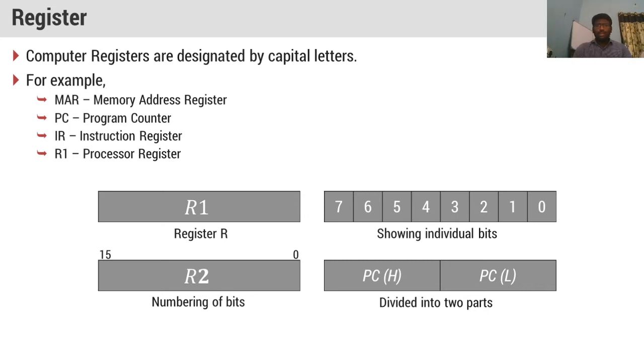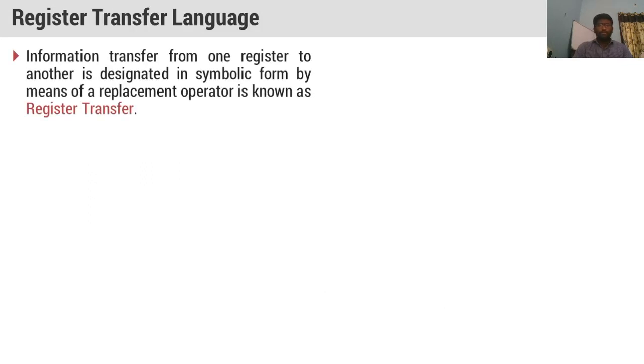So PC(L) is the lower byte, PC(H) is the higher byte. So this indication we have seen already. And bits 0 to 7 are called the lowermost bits, 8 to 15 are called the uppermost bits or higher bits. So this is what we have seen.